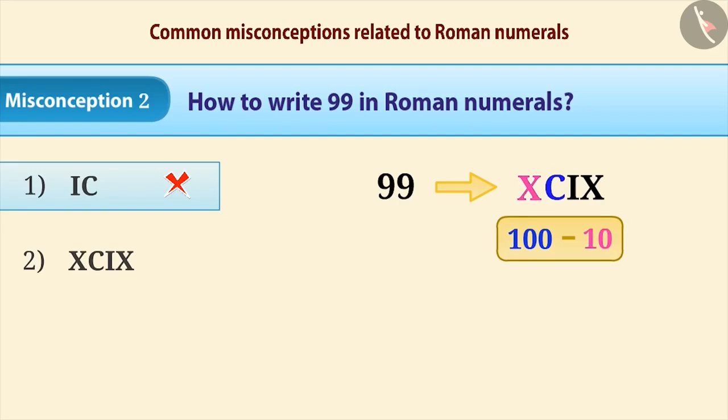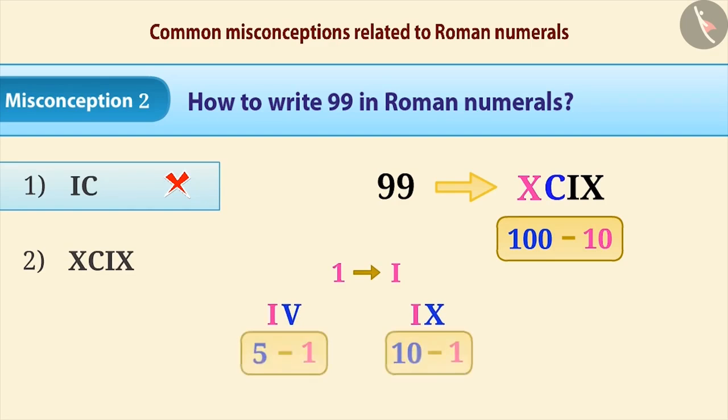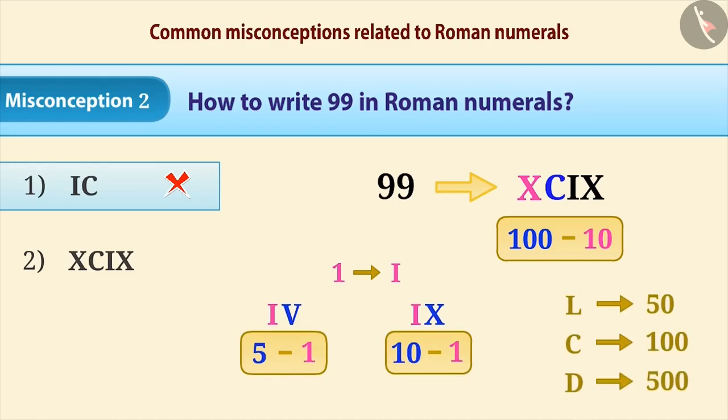But while doing so, we must remember that a symbol of smaller value, such as 1, can only be subtracted from the two symbols that are larger to it, that is 5 and 10, whereas it cannot be subtracted from the symbols that are much larger to it, such as symbols of 50, 100 or 500. With this understanding, the correct answer is option 2.